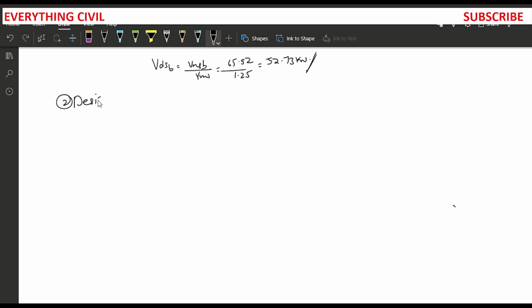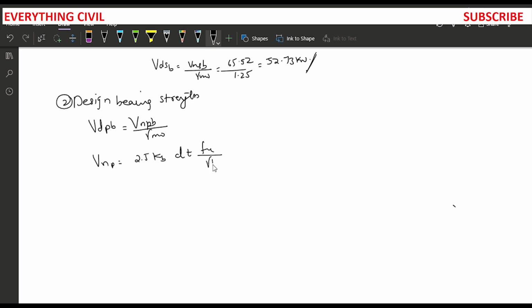Now design bearing strength is given by VDPB, which is equal to VNPB divided by gamma MO. Now we will find out what is VNPB. So VNPB will be 2.5 kb d t Fu upon gamma MO.